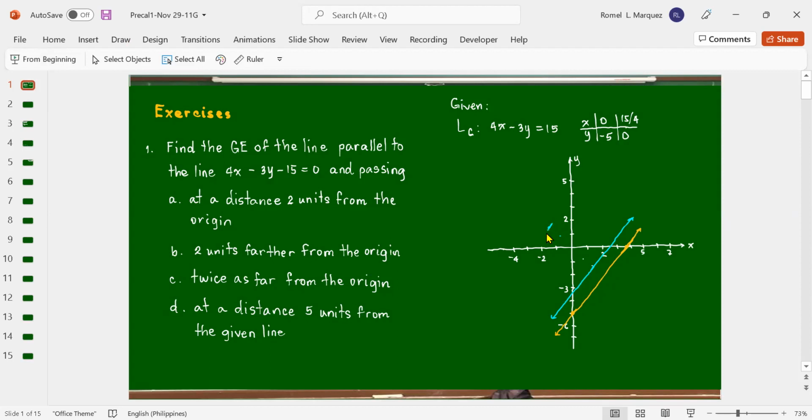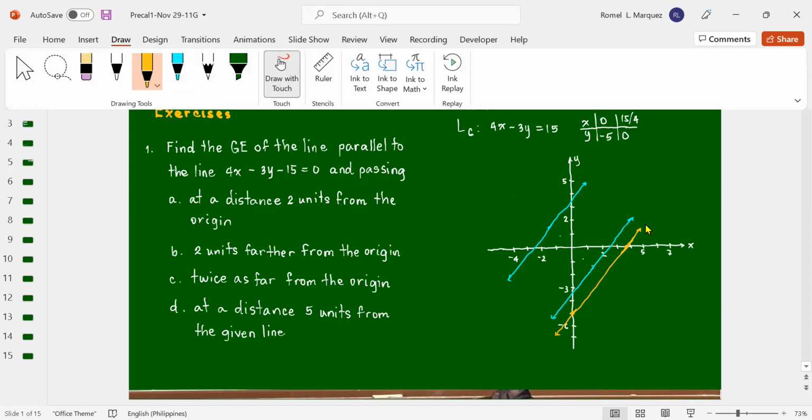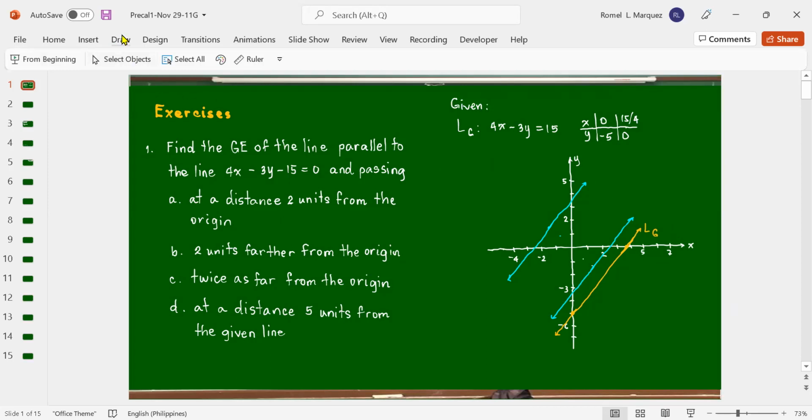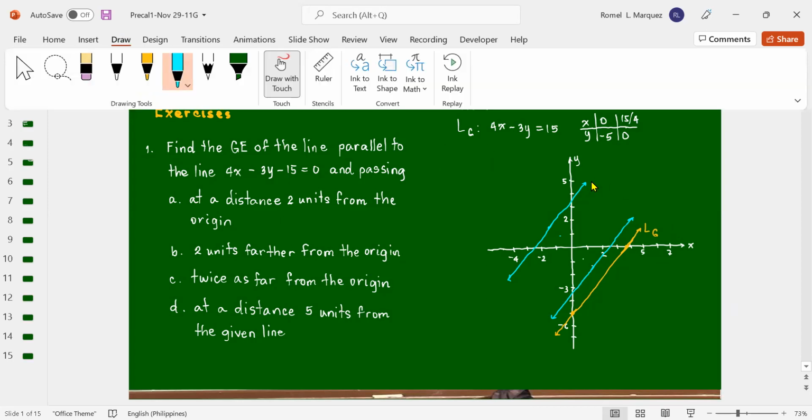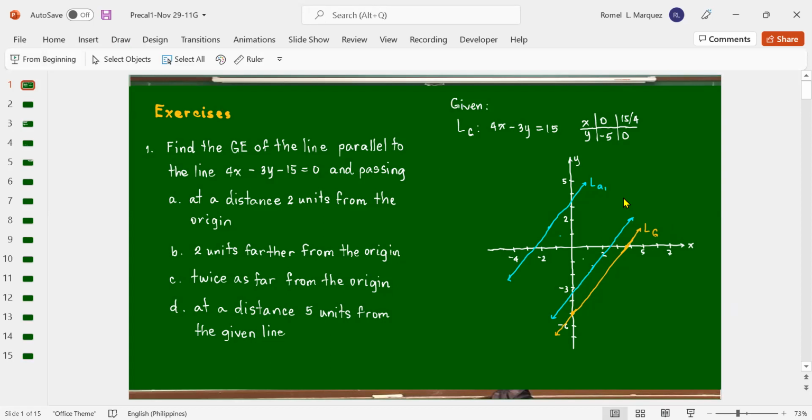Did you understand that? Yes, sir. And then parallel to the yellow also. So it means for letter A, there are 2 possibilities, no? So this is the line given. This blue, required for letter A. So there are two, L sub A sub 1, L sub A sub 2. Okay? So how to determine the equations for this blue?